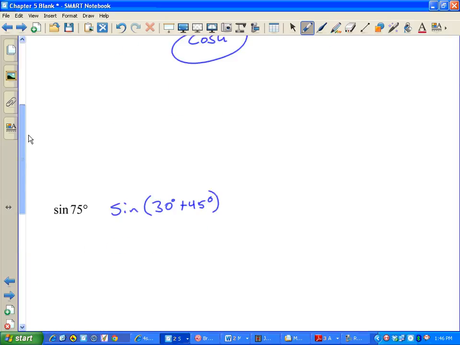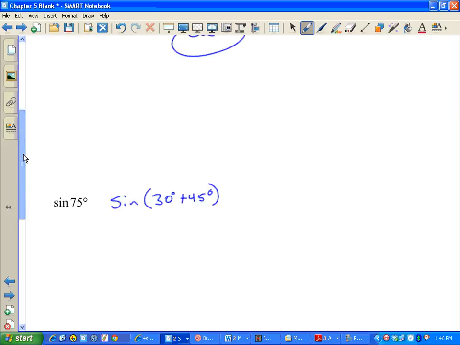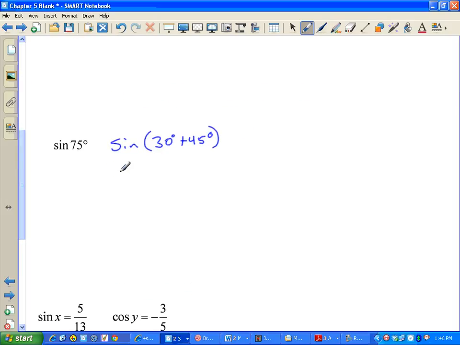Then I'm going to use my sine formula: sine of A, cosine of B, cosine of A, sine of B. So this is the sine of 30 times the cosine of 45 plus, since this is plus, the cosine of 30 times the sine of 45.